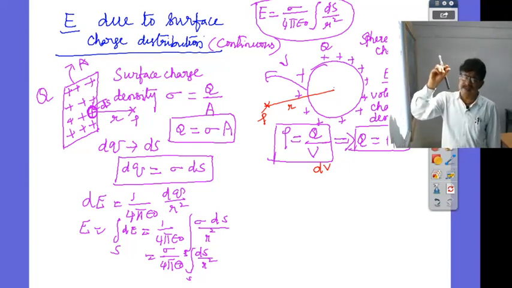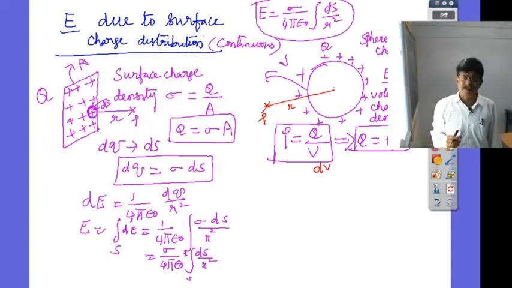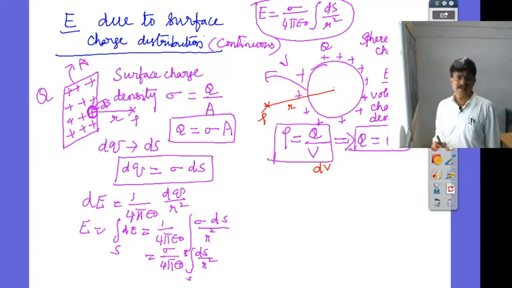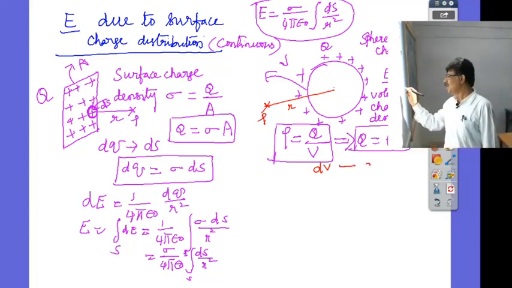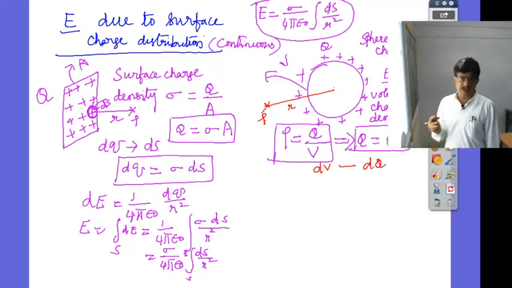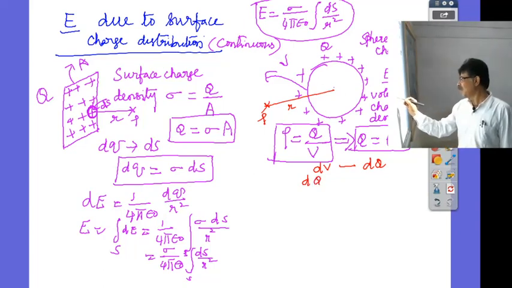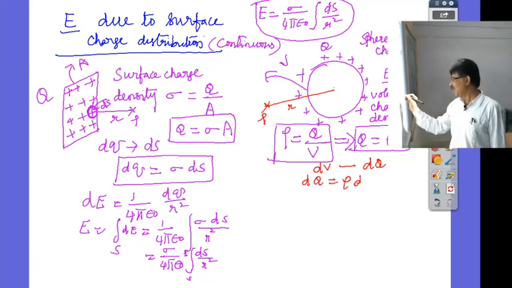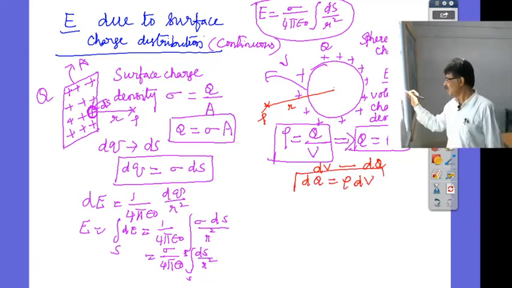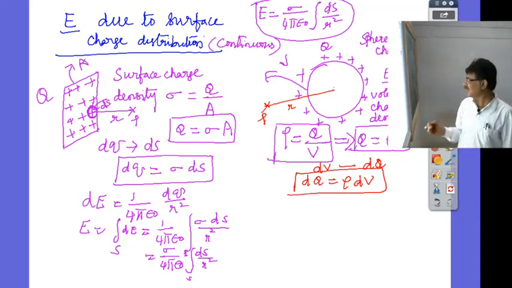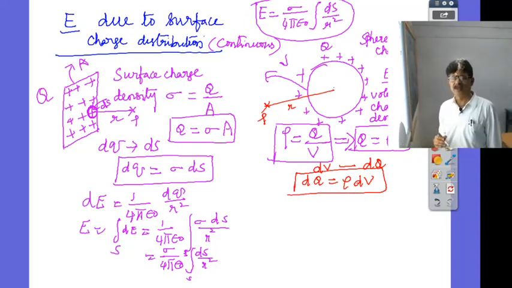Let it be dV. On volume dV, the charge present is also very small, say dq. Then that dq can be represented as rho into dV. Same procedure as we did earlier, we are doing here also.